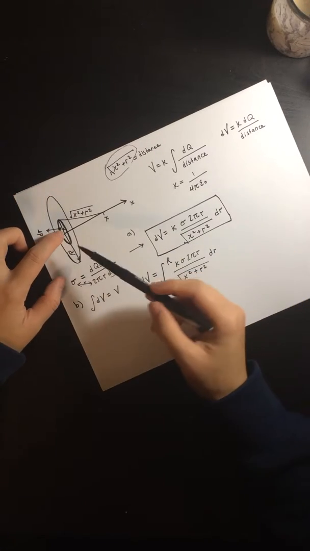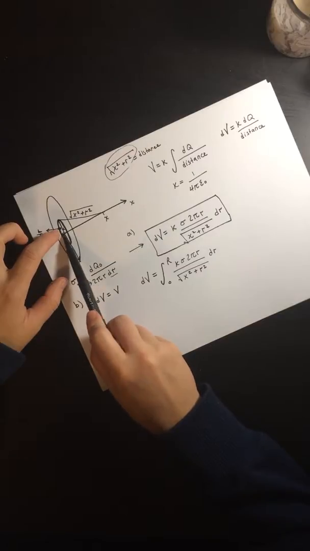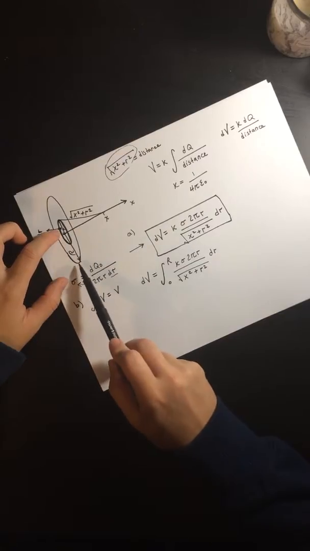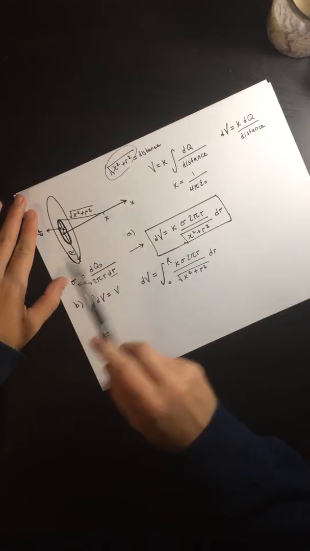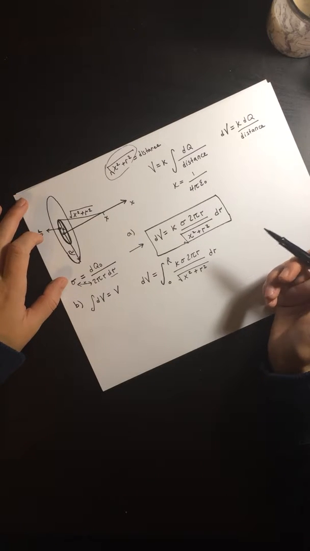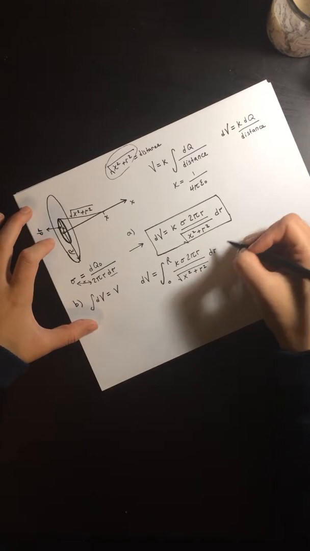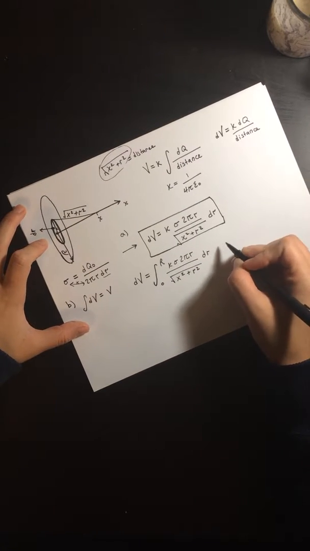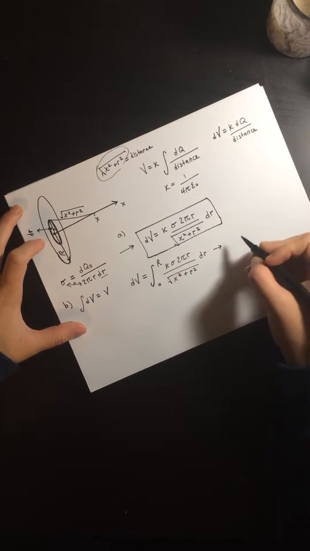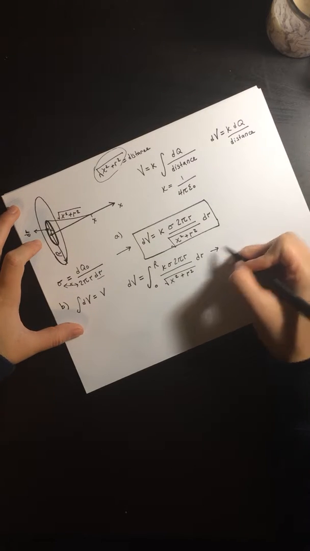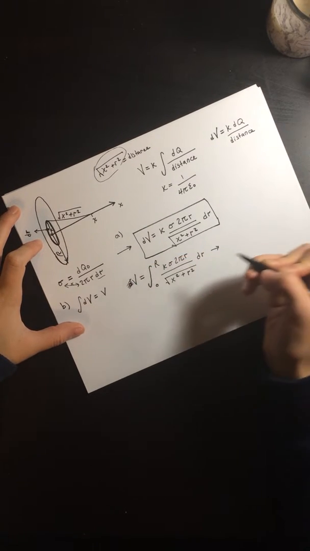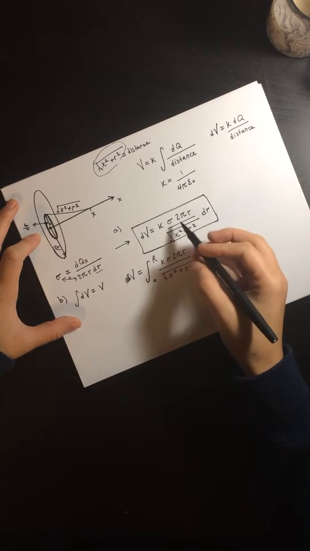Because this is where we're coming from, and then the furthest we can go out is this larger R. Because it's just asking due to the entire disk, so it wants us to put those limits in. So what we're going to do is pull out all the constants. Sorry, I don't know why I wrote dV. This is just V, because we're taking the integral of this.